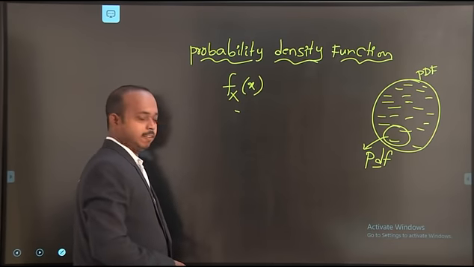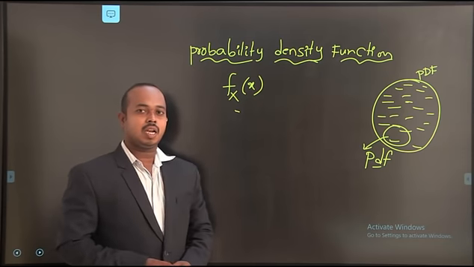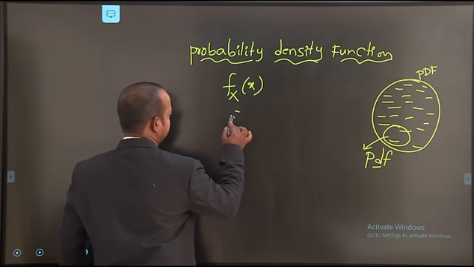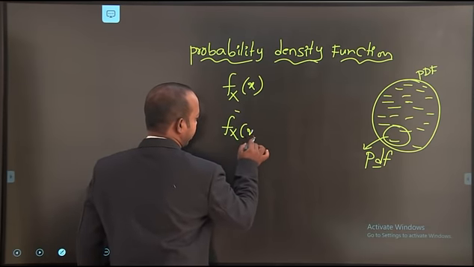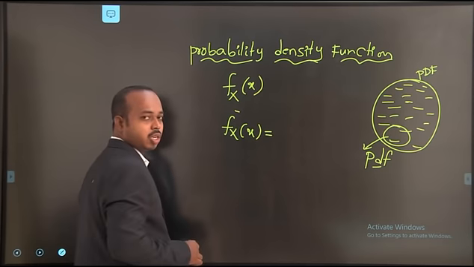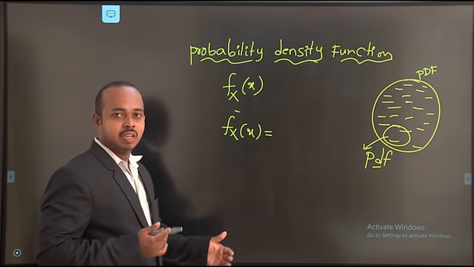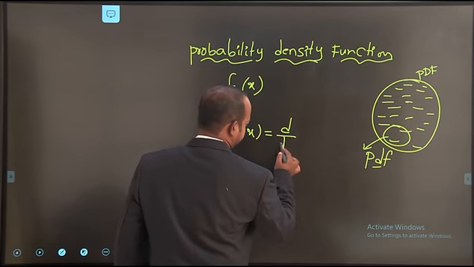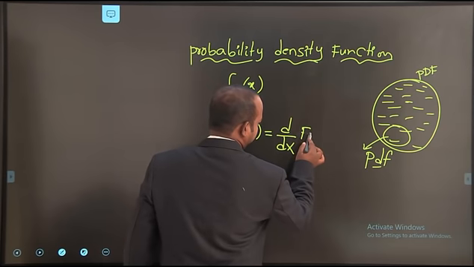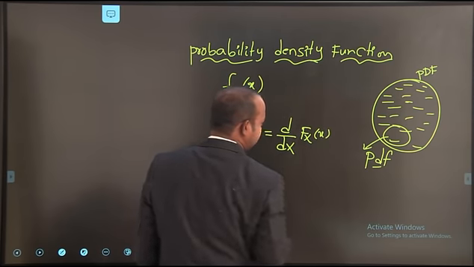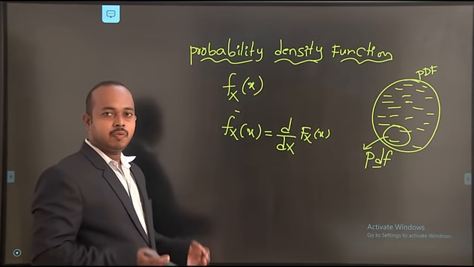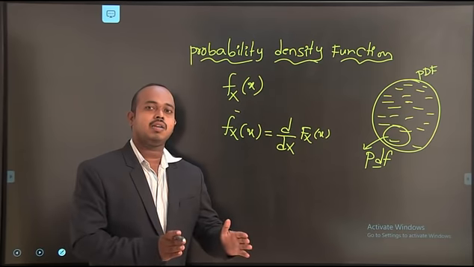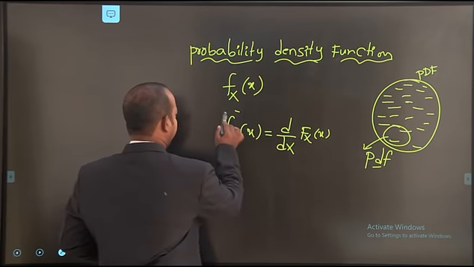Now the fundamental definition for the density function is fx of x is equal to the derivative we take with respect to x, that is, d divided by dx of Fx of x. This is the definition and the relation between the density function and the distribution function.